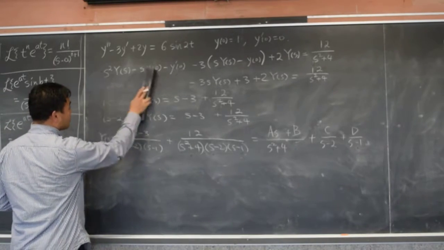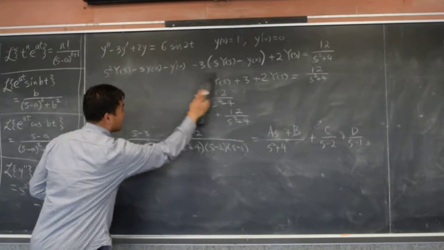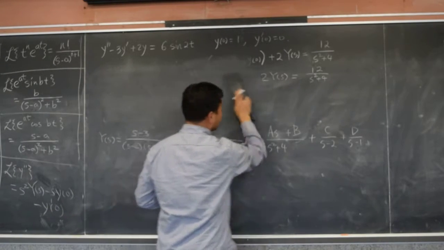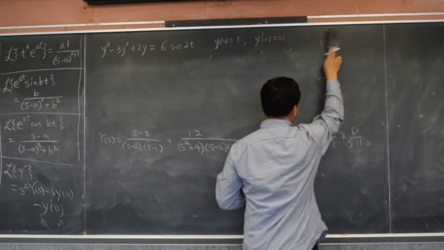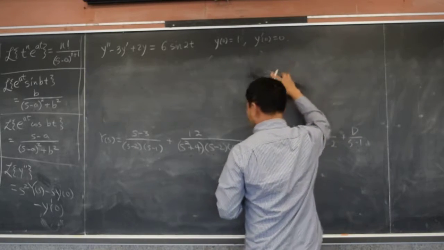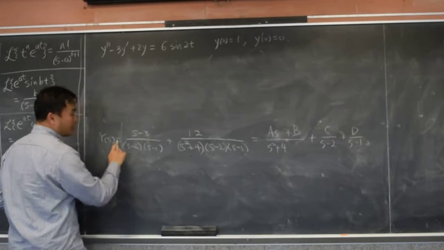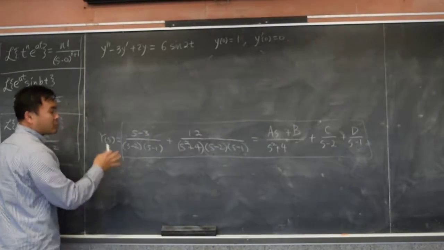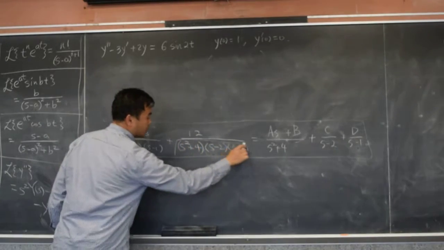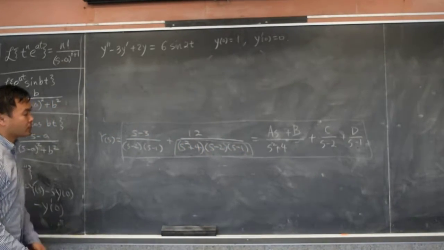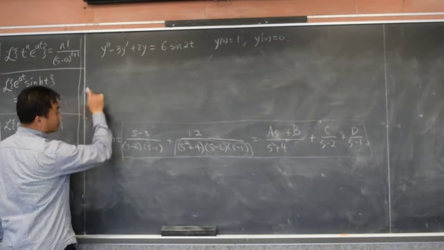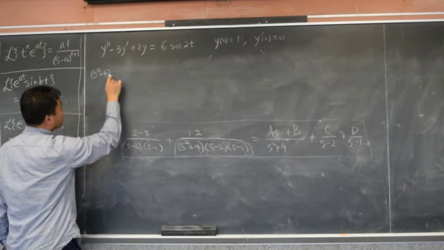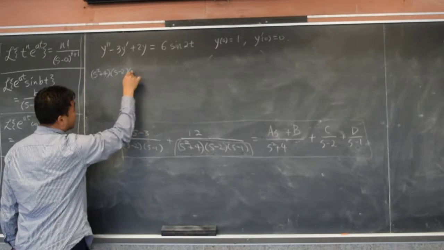If there are no questions, let's continue on with this calculation. Okay, what I'm going to do is I'm going to take this equation and multiply both sides by this. So I'm going to take s squared plus 4 times s minus 2, s minus 1.